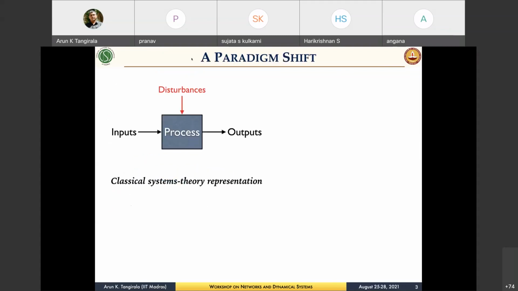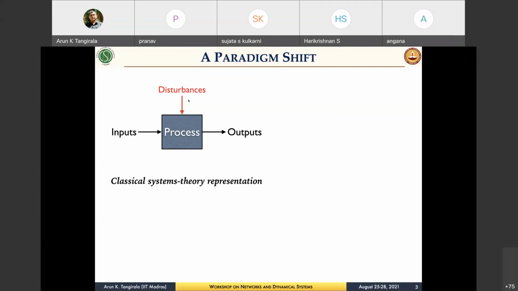So let's move on and ask ourselves, why do we want to actually look at cause-effect relationships and what is it that kind of attracts our attention there? For those of you who are familiar with modeling dynamical systems, who have taken courses in linear systems theory or even nonlinear dynamical systems, you know that the classical systems theory representation assumes that a process is excited by a few inputs, and then perhaps subject to disturbances.